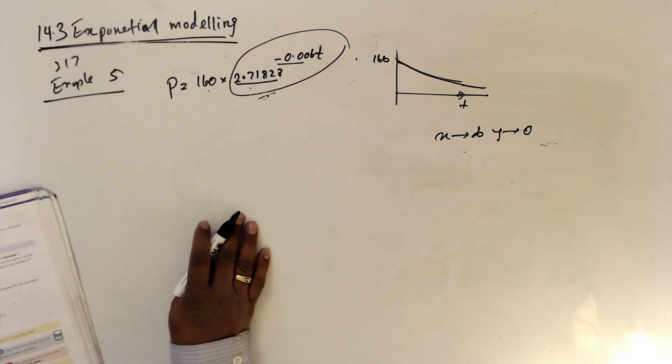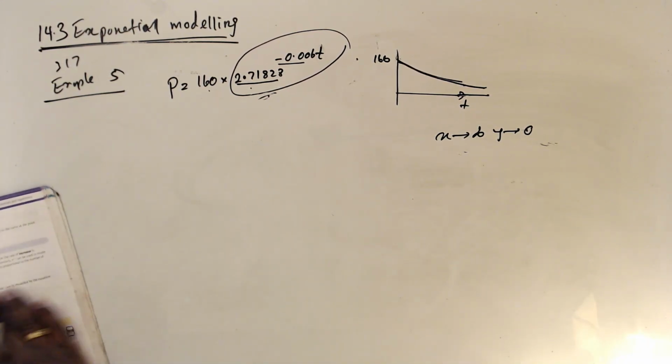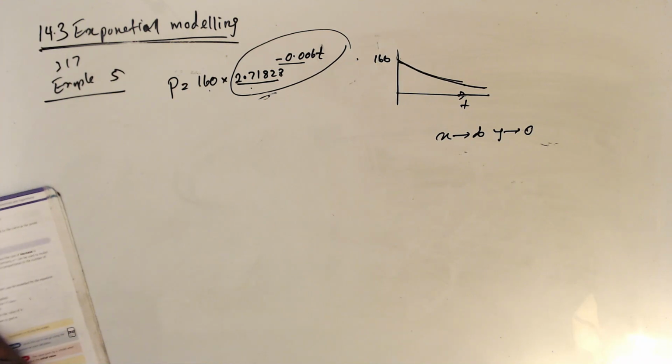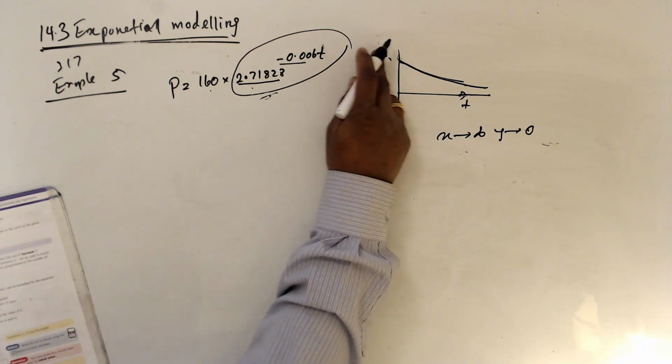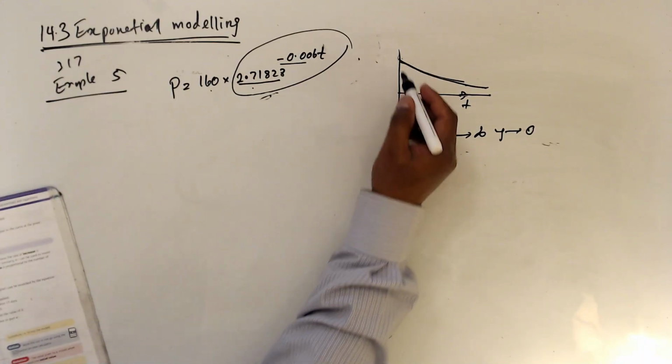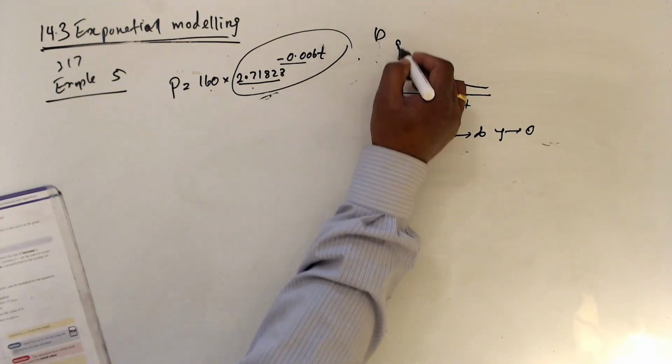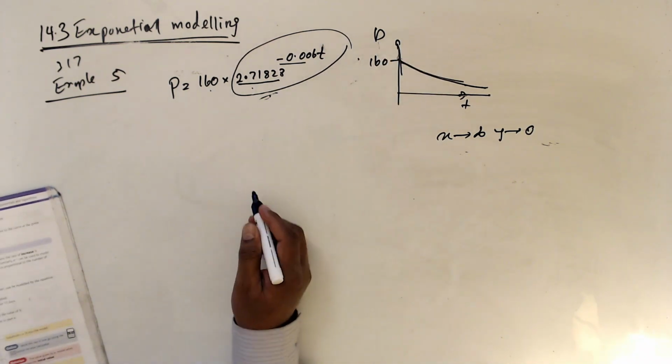Now, we should have an idea about what is going on in this sum, basically the idea behind it. The density of a pesticide in a given section of a field, P. So this is P, this is 160.